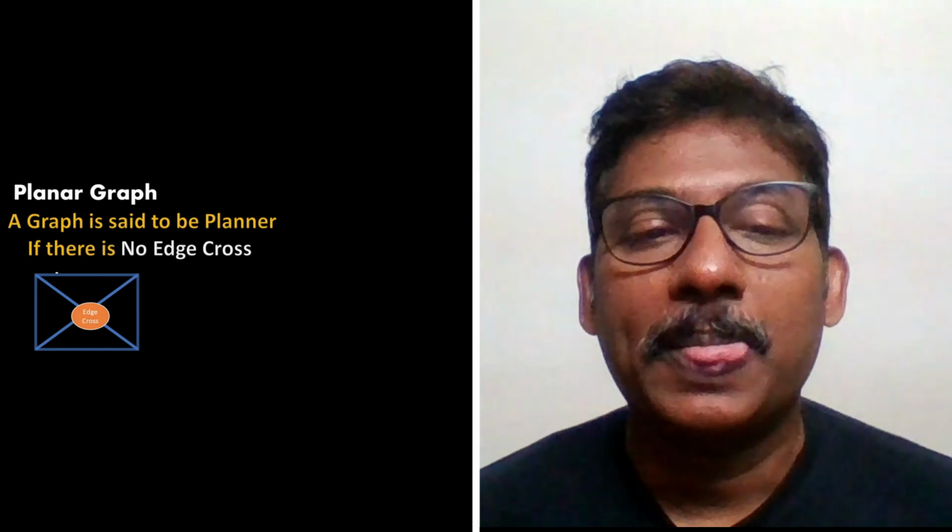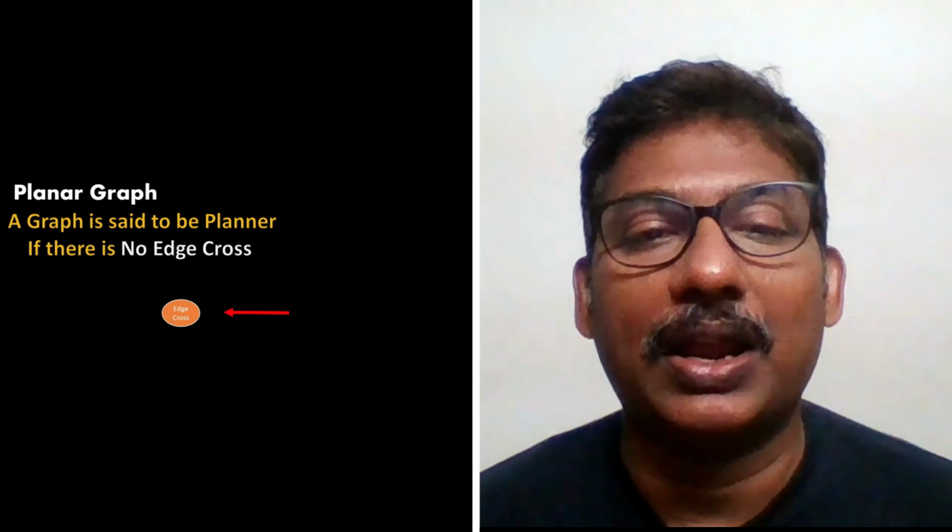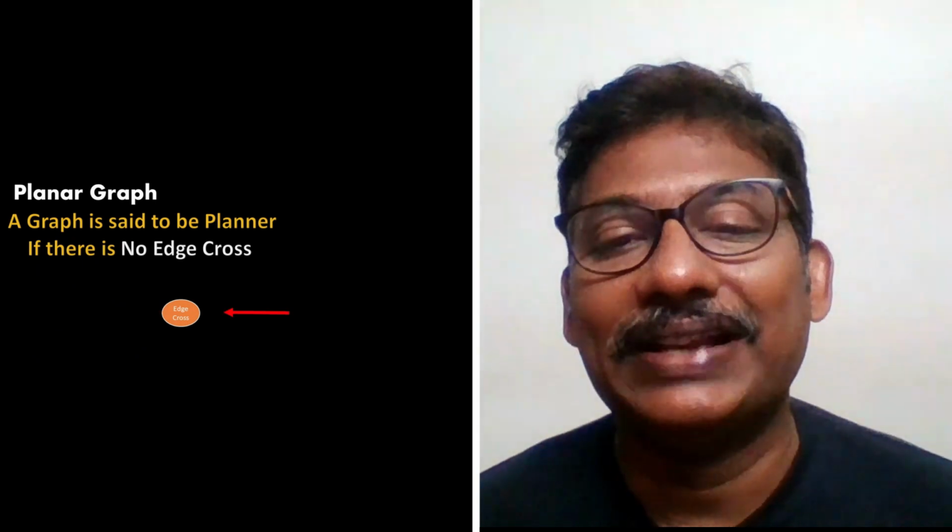That's why it's called a non-planar graph. A graph is said to be planar if there is no edge cross. So here the edge cross is at E5 and E6, so it's called a non-planar graph.